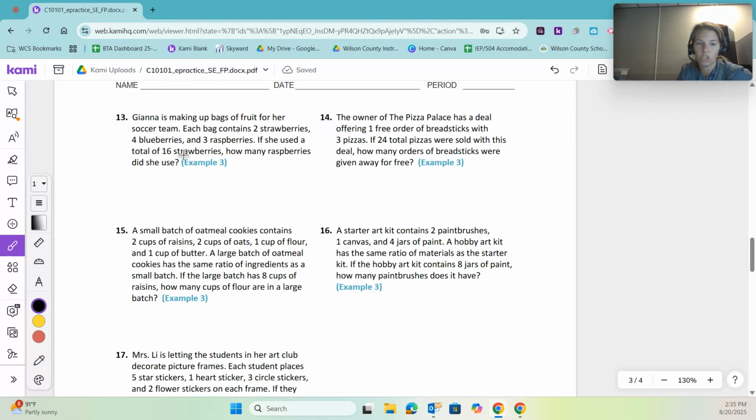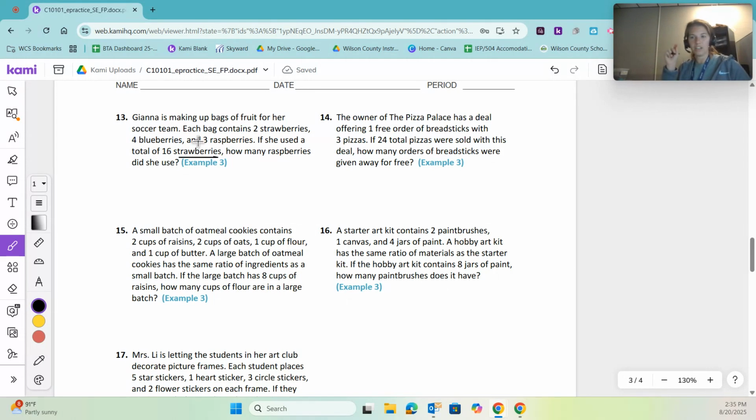So each bag contains 2 strawberries and 3 raspberries. So this is actually looking at a part to part. It throws that word total in there, but because it's just looking at strawberries, it's not saying total fruit. The total strawberries, she's saying, in all the bags. That's why they used that word total.